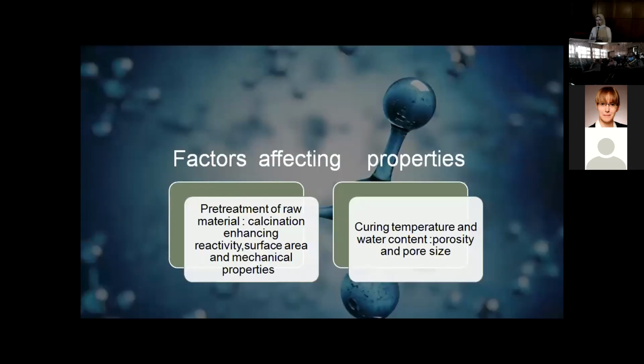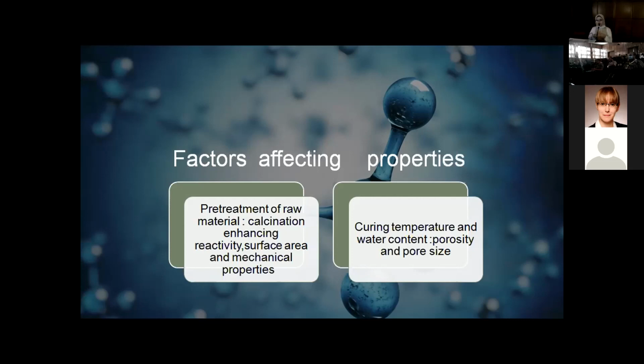There are some factors affecting the properties of geopolymer. The first and most important one is the pre-treatment of raw material. It's found that geopolymer produced from calcined raw materials like metakaolin, ash, and slag shows better mechanical properties. Previously, they used kaolinite, but the geopolymer was weak, so it was calcined.